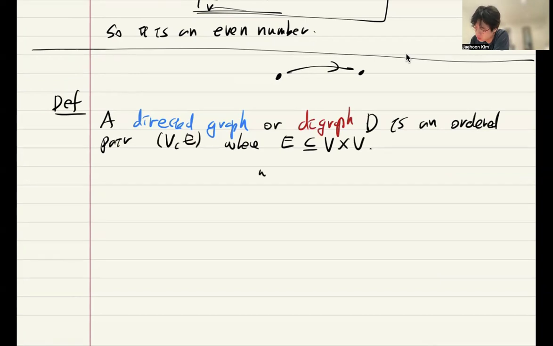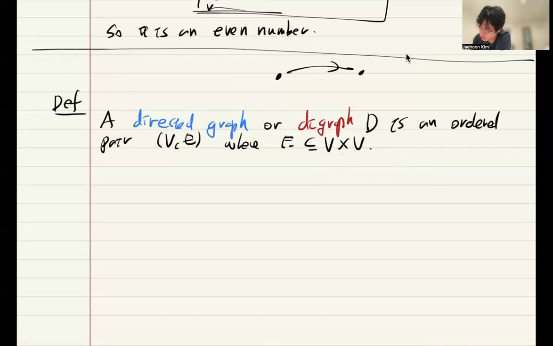So before, (u, v) and (v, u) were the same in the undirected graph. But here, (u, v) is different from (v, u). So this (u, v), you think of as from u to v. Then these two are different.